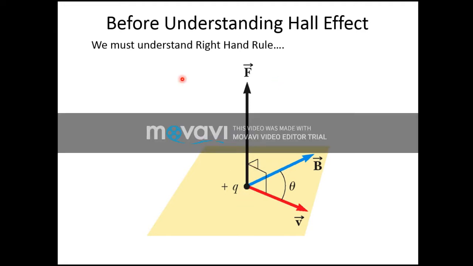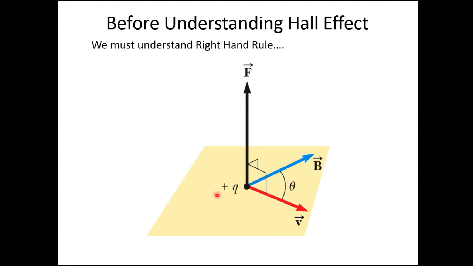There is a rule for determining in which direction the force will act if a charged particle is moving in a magnetic field. To determine the direction of the force, we apply the right hand rule.